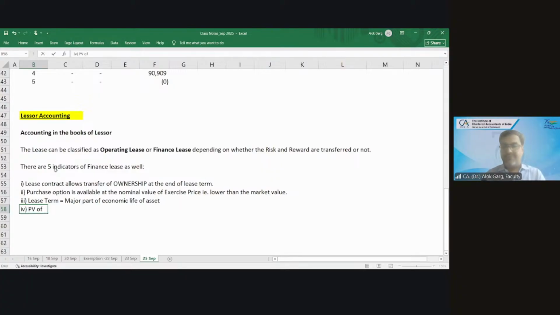Present value of lease payments should be equivalent to substantially all of the fair value of the asset.